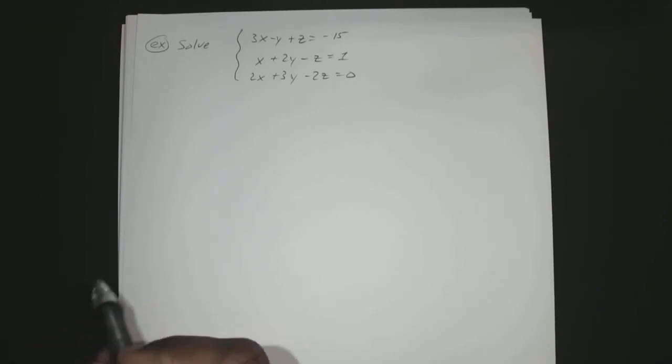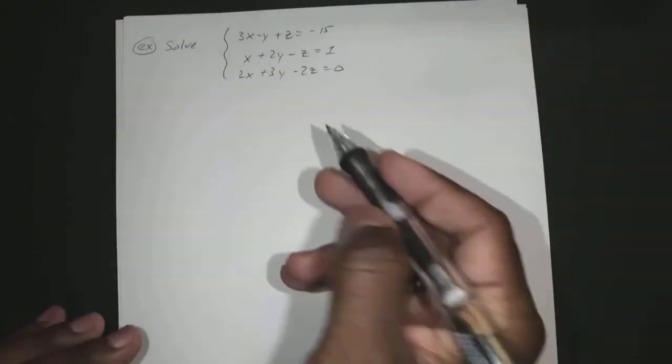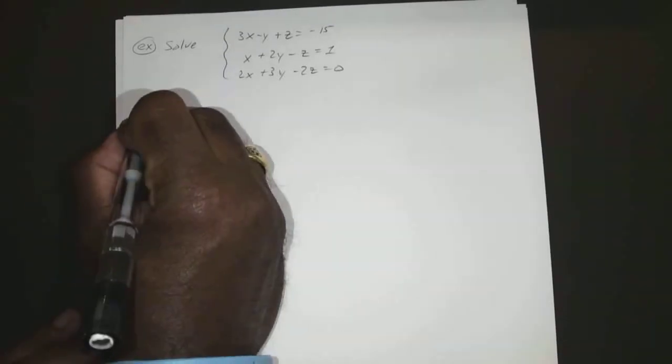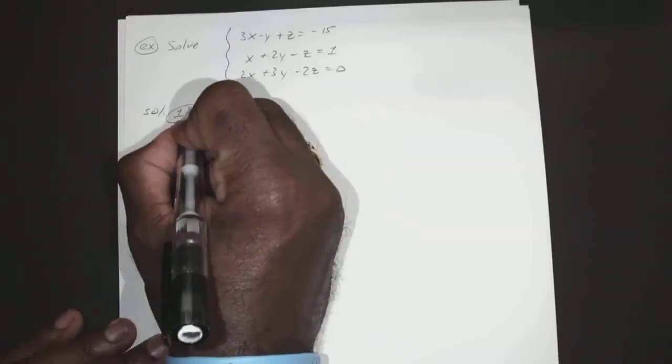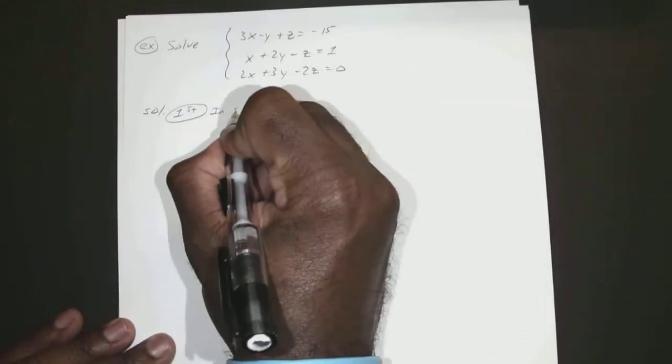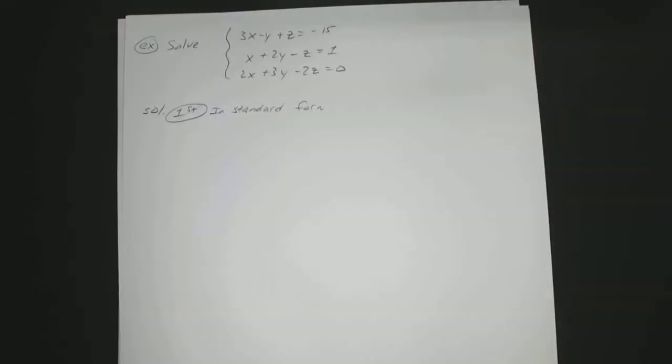Okay, so remember your first step. You want to make sure it's in standard form, all the variables on the left. Everything is okay there, so we can skip that first step. Our second step, we're going to add together any two of them to eliminate a variable.